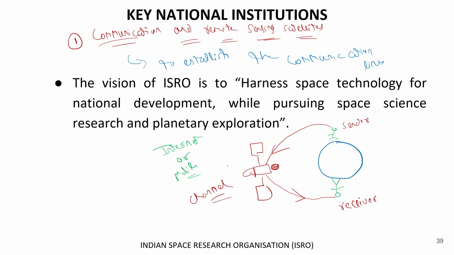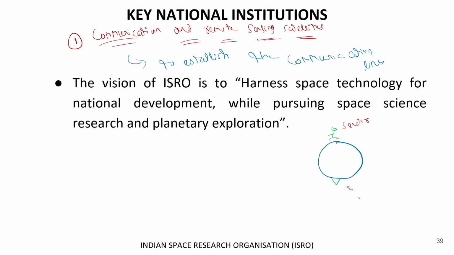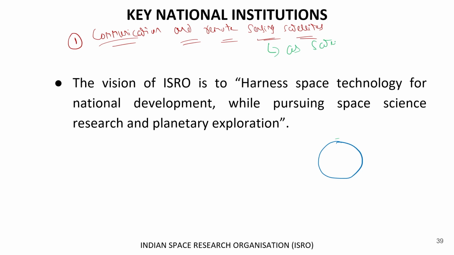Thereafter, if we talk about the remote sensing satellites, it basically means satellites used for knowing the place, map, or geography.